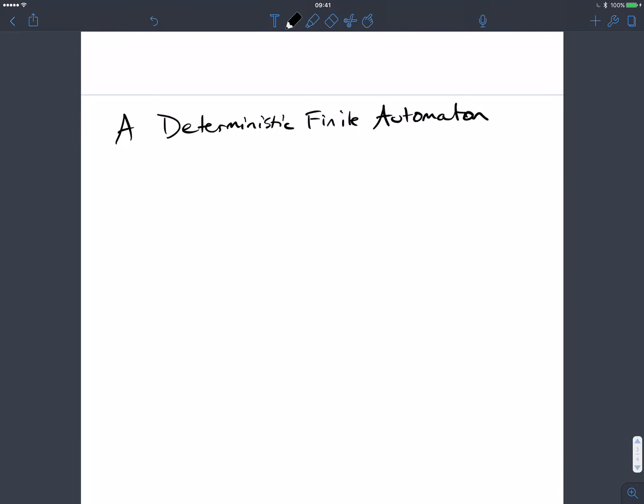So, a deterministic finite automaton, I love this name. The original paper, I'll post it on Blackboard, also called these deterministic finite automata, is a something tuple. I'll get to that in a second.